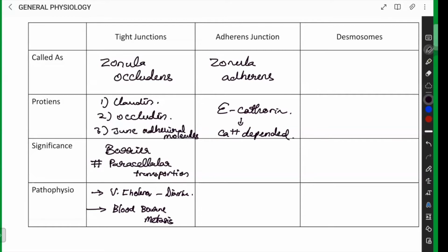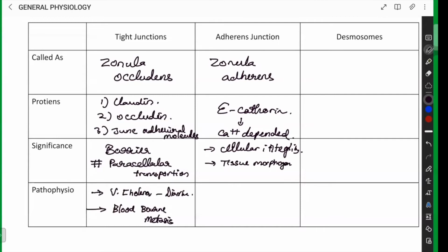What is the role of your E-cadherin? They help in cellular integrity. As the name suggests, E-cadherin plays an important role in cellular integrity. And another thing, it is helpful in tissue morphogenesis.